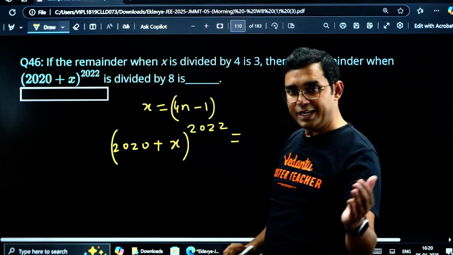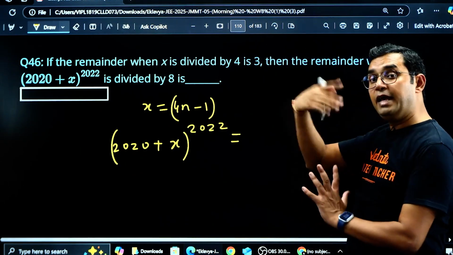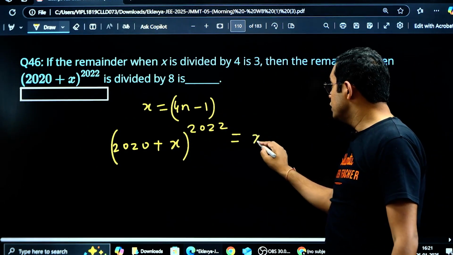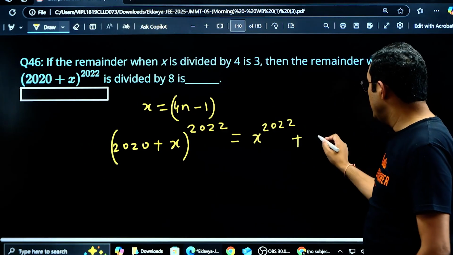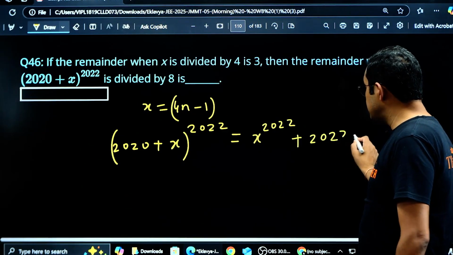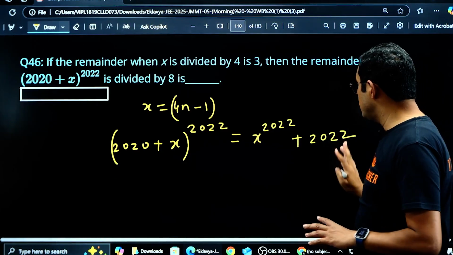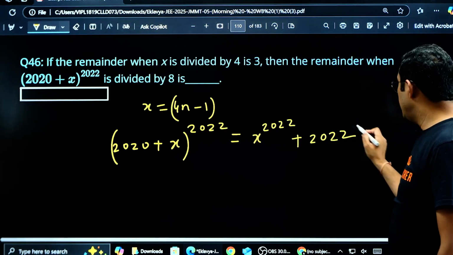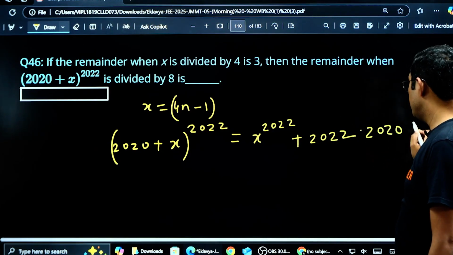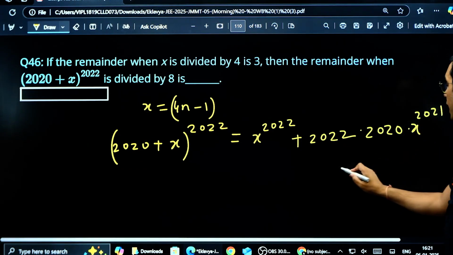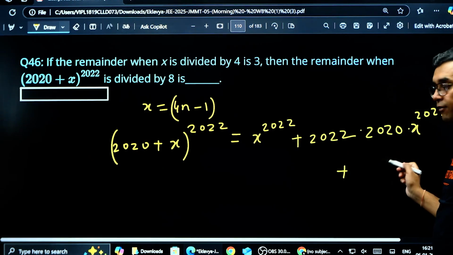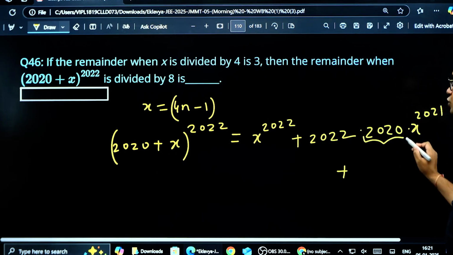Now if you expand it, let us write the last term first, because it's the odd number. So x raised to the power 2022, and then the second last term, that will be 2022 c 2021, which is 2022 only, into 2020 into x raised to the power 2021, and all other terms will have at least 2 power on 2020.